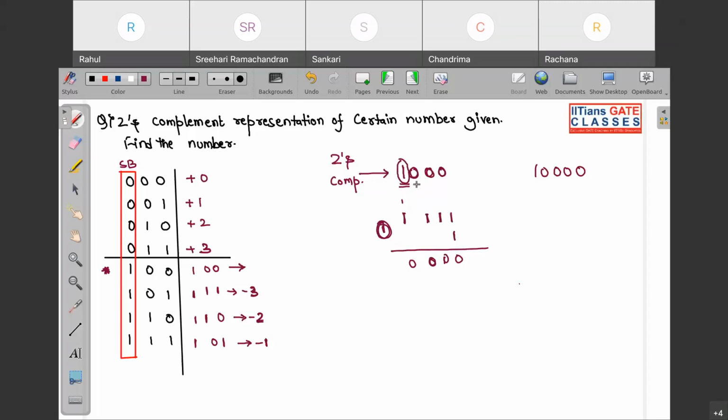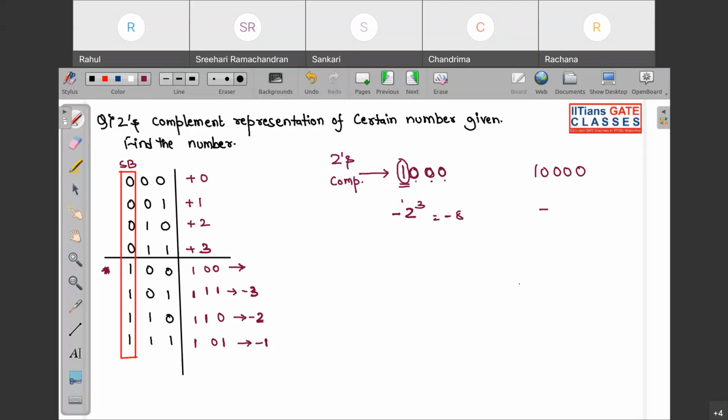The result we are getting is wrong, because, as I told you previously, whenever carry is generated, it indicates that you get a positive result. So carry generated over here, so this result is false. This is a special case of 2's complement. Whenever you have such kind of number in 2's complement, simply write minus 2 to the power the number of zeros. So this is 1 2 3, so this is minus 8.